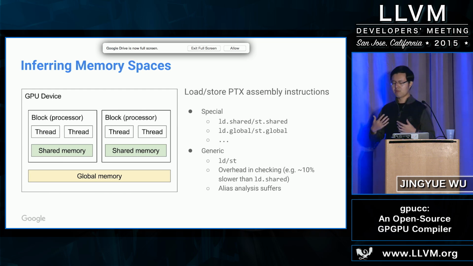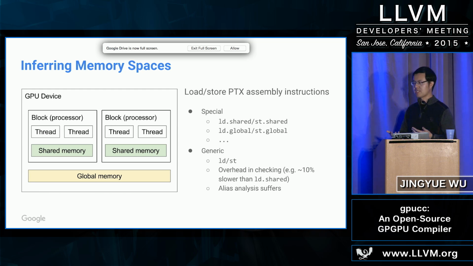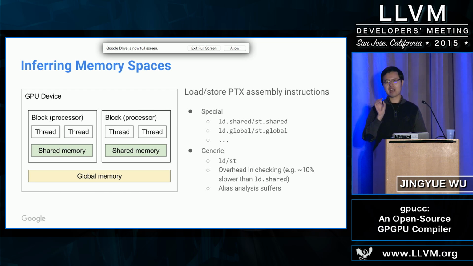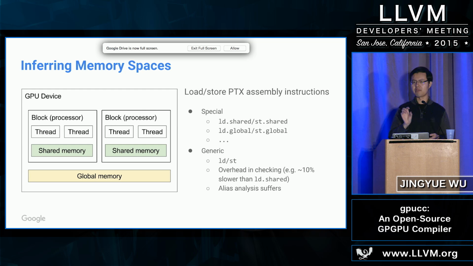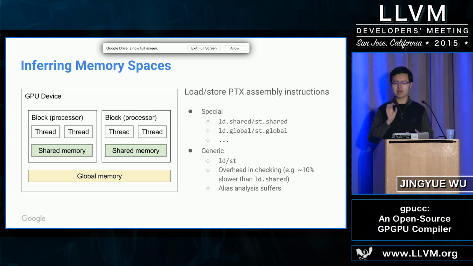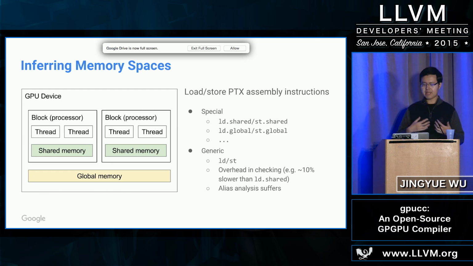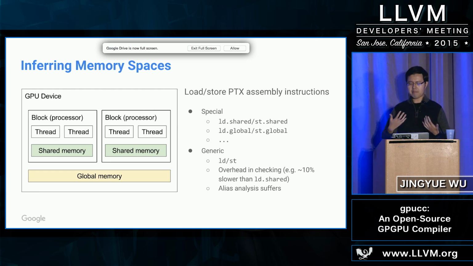For example, you can do load shared and store shared if you know the address you're accessing must be in shared memory. Similarly, you can do load global and store global if you know it must be in global memory. And they will be much faster.